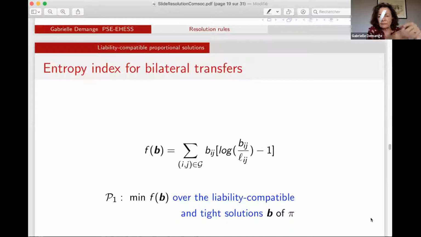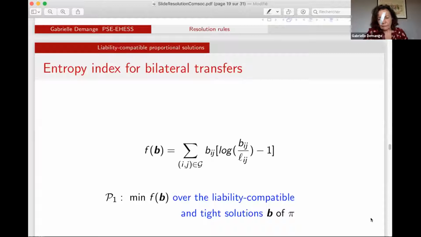For example, if I did not have a bankruptcy constraint, and I just say I have a total amount to distribute, which is less than the total liability, if I minimize entropy, I distribute everything proportionally, full proportionality. But here it will not necessarily be possible, because of the bankruptcy constraint.